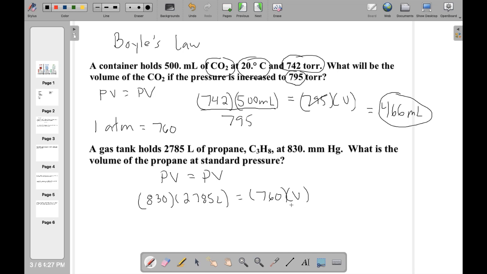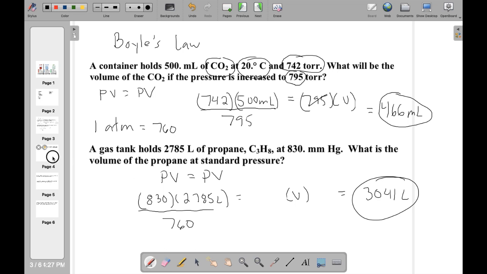So basically, if I move the 760 over here and just divide, I can find my answer. Volume equals 2,785 times 830 divided by 760. And if I do that, I will get 3,041 liters. And that's my answer.